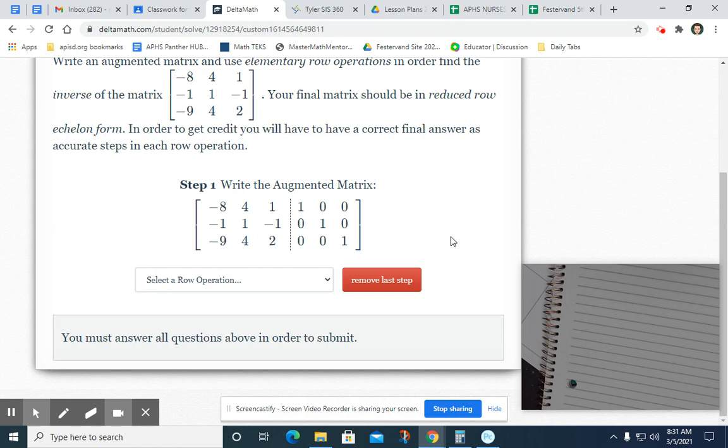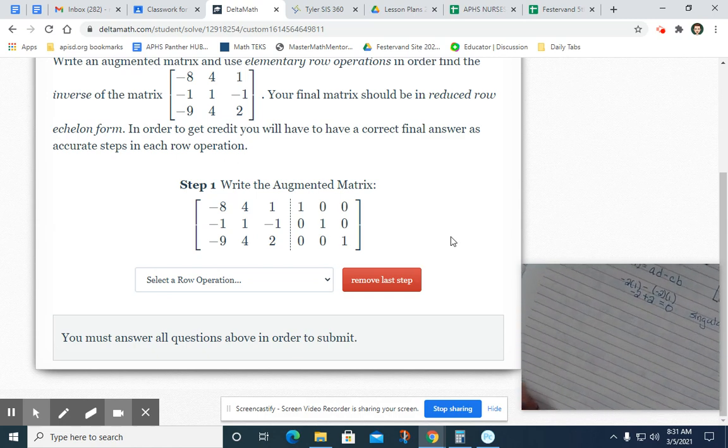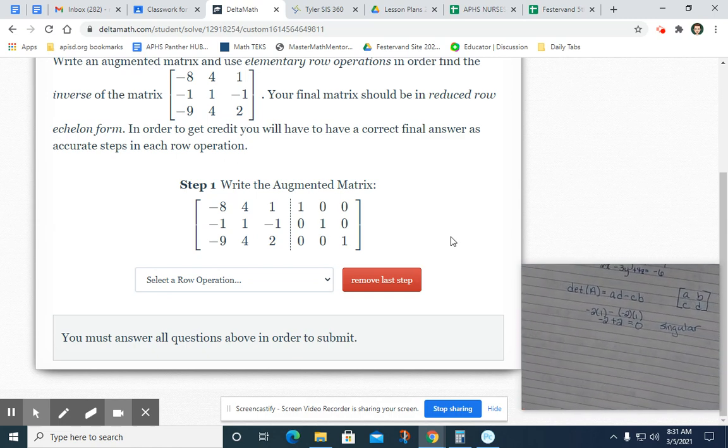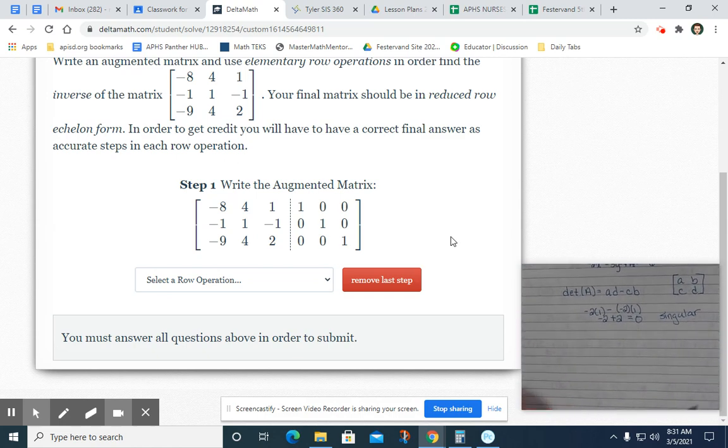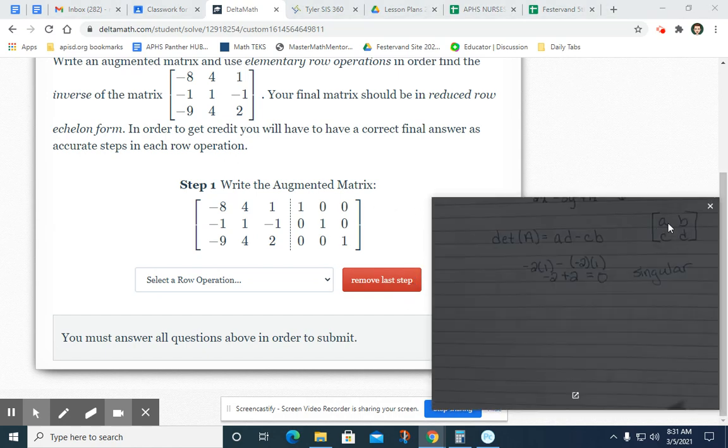How do you do the last one? Number 9 uses this formula: A times D, so left-hand corner times right-hand corner, minus the product of the other two corners.